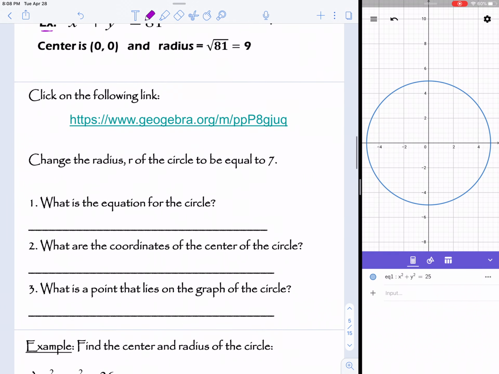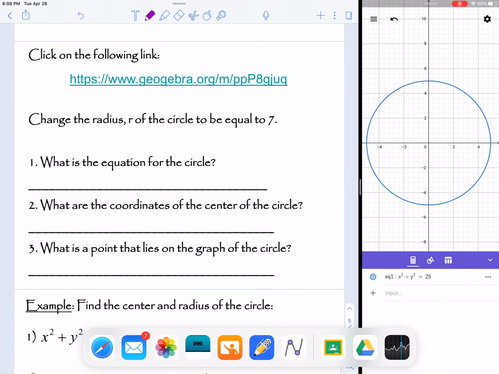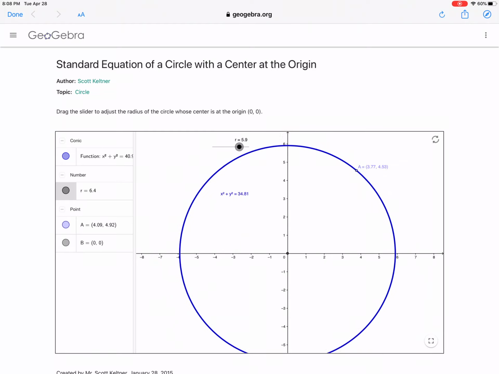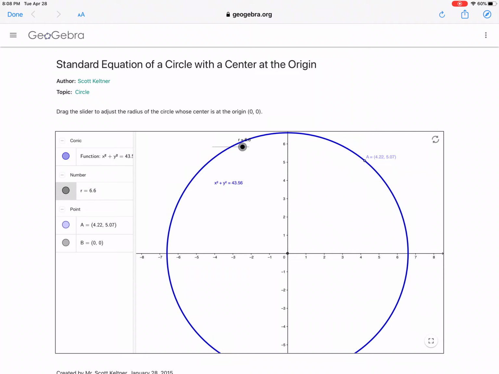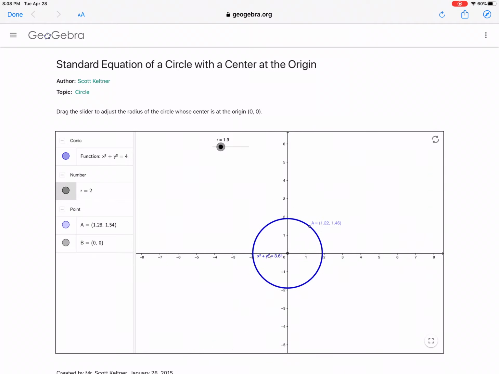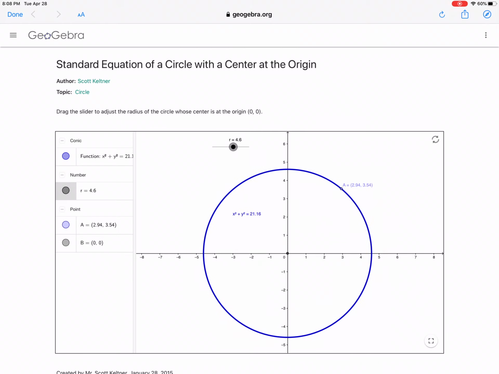Okay, let's click on here. I have to go back to the link. If you go to that link, I don't know if it's active or if you have to copy and paste it, you're able to change the radius of the circle, and it tells you the equation, either in the picture or on the right.